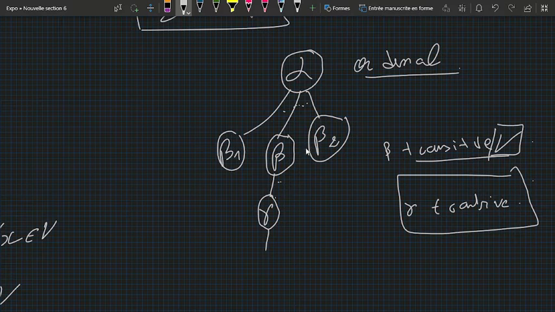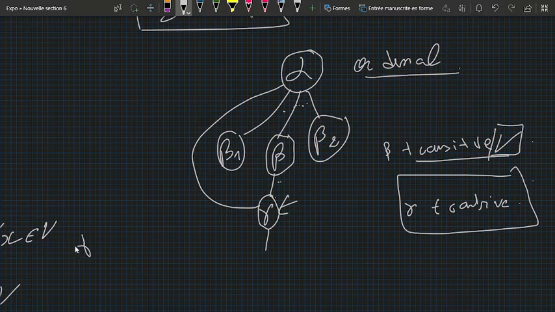We know that alpha is ordinal, which means alpha is transitive.